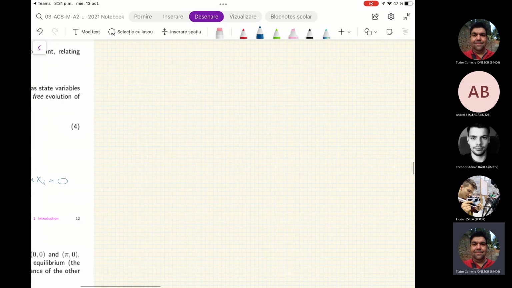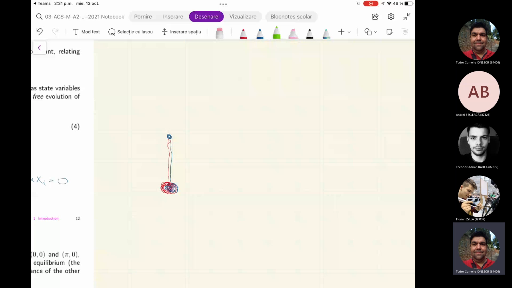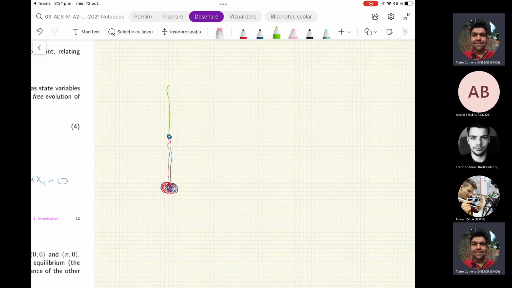So if we have the pendulum, this is the pendulum, we have two equilibrium points. One is at 0. So one equilibrium point is here. And where is the other equilibrium point? The other equilibrium point is here. These are the equilibrium points.